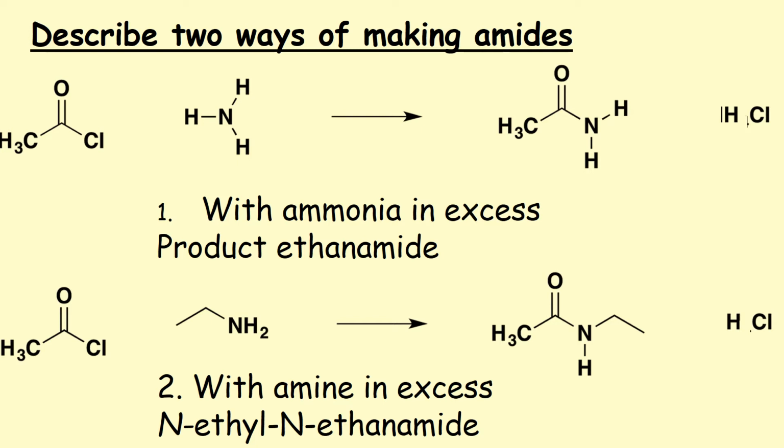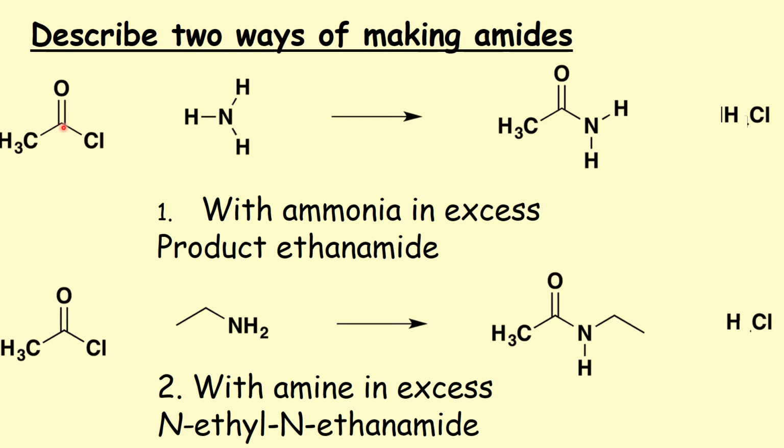Now, if you can imagine this, the lone pair on the nitrogen will form a dative covalent bond with the carbocation on the ethanoyl chloride. Because of the electronegative atoms, oxygen and chlorine, on the acyl chloride, there are delta negative charges on these two atoms and a delta positive charge on the carbon atom.